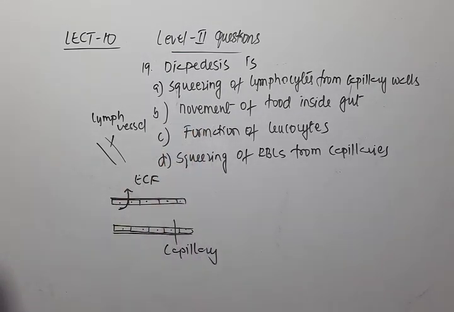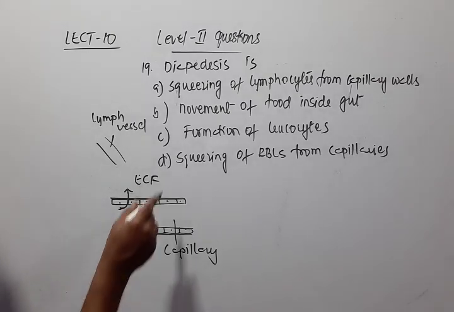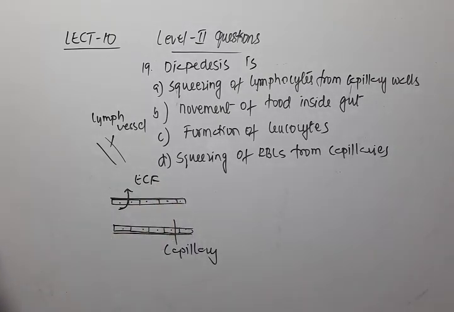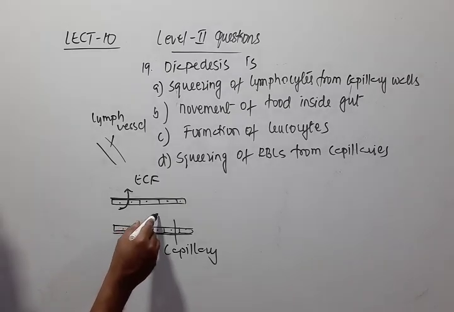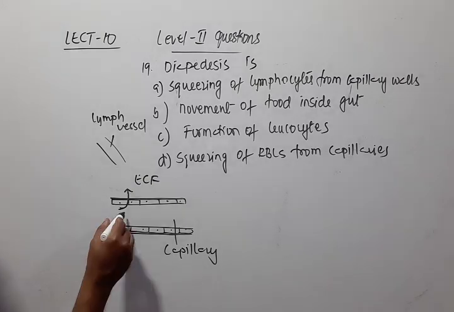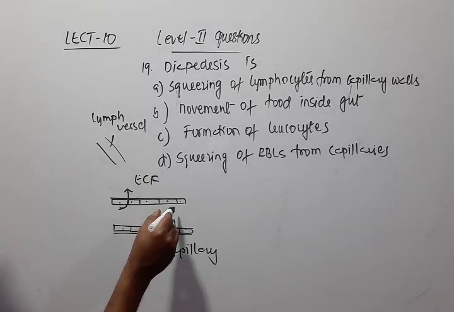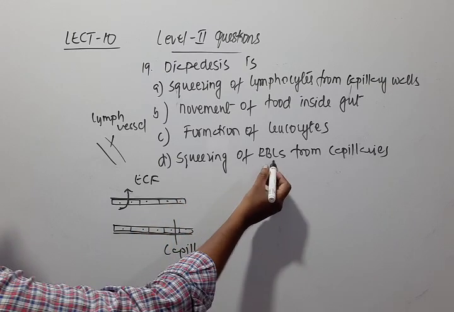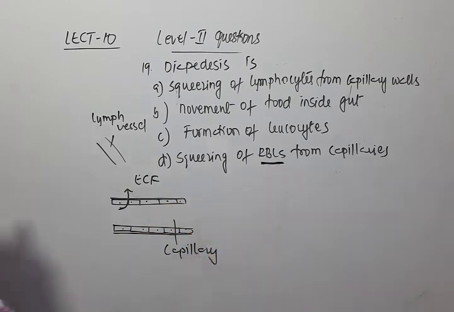So it is not movement of food inside the gut, nor formation of leukocytes, which is under hemopoiesis, nor squeezing of RBCs. RBCs will not come out from the capillaries. They cannot pass through these capillaries, and we know their shape is biconcave in human beings.